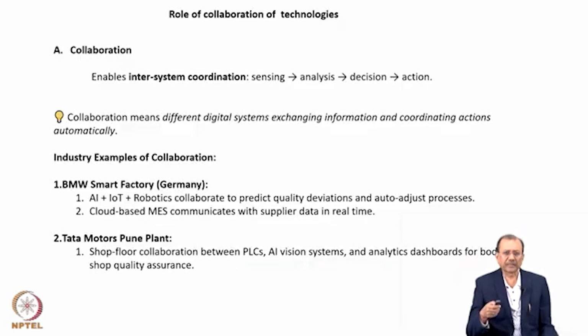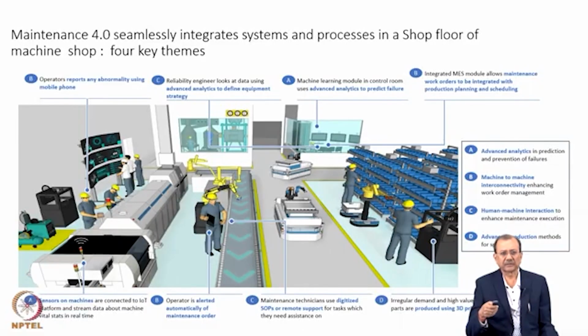Now, coming to the next part of this lecture, the collaboration technologies and how collaboration works. If you would like to see the collaboration, have a look at this shop floor of a machine shop in a typical factory environment.